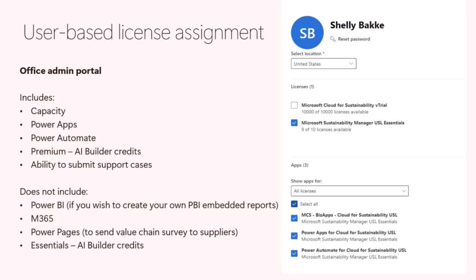And then if the customer is in essentials and they want to use the OCR detection where you can read an invoice and lift the invoice details off to ingest data in, then that essentials customer would need to procure the AI Builder credits.